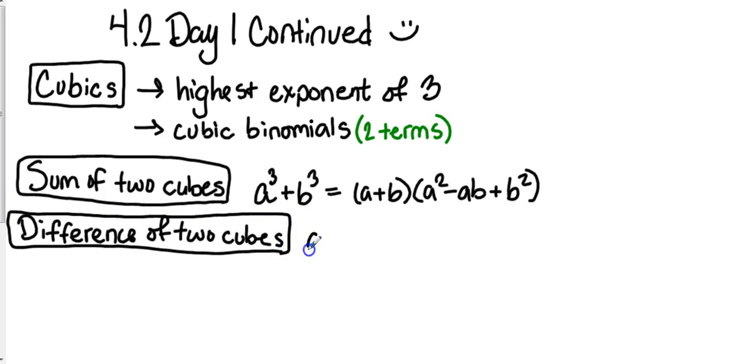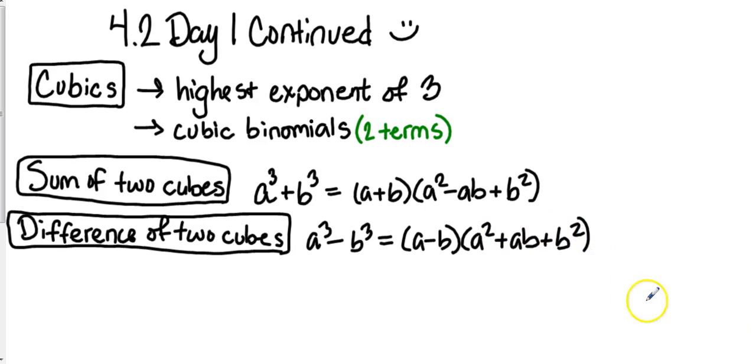Difference referencing subtraction, so a cubed minus b cubed. It's almost going to look exactly like this, but there's one shift. We'll see if you notice what it is. It's a minus b, a squared plus ab plus b squared.